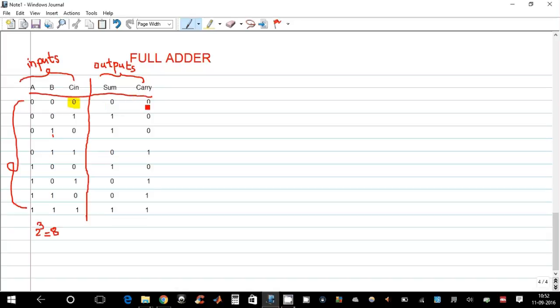Now the truth table for this full adder can be derived from the half adder itself. So let's recollect for a minute what we have discussed in the half adder. In the half adder we will be having two inputs, A and B, and two outputs, sum and carry. Now for the input 0 0, the sum is 0, carry is 0.